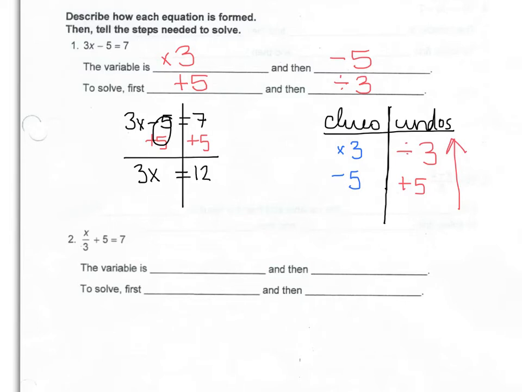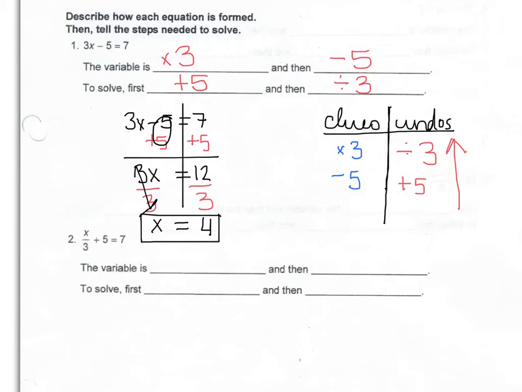By undoing that subtraction part, I've now gone from a two-step equation to a one-step equation. 3x equals 12. You all know how to solve that one. Just go ahead and divide both sides by 3, which shows over here, matches what we put on our undos. We added 5, now we're dividing by 3. 3 divided by 3, 1's out. We're left with x equals 4.